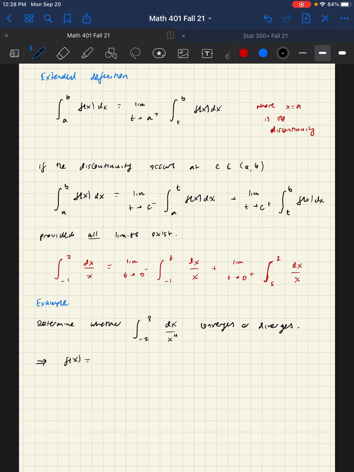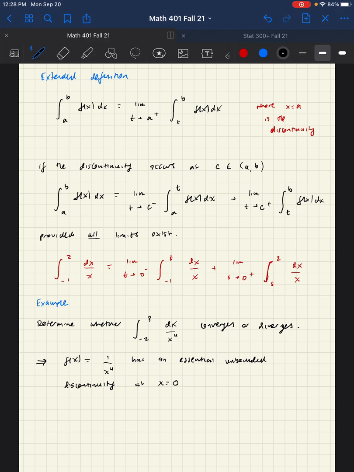So this looks like an ordinary integral, though. The important thing to point out is that we need to see that the integrand, being 1 over x to the 4th, has an essential discontinuity, and an unbounded one, at x equals 0.